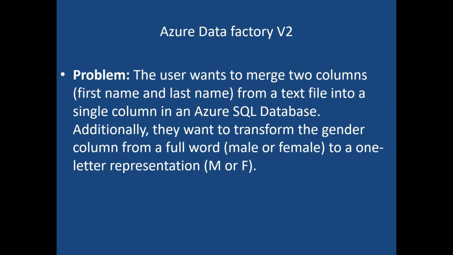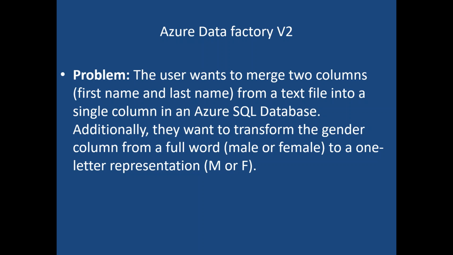Additionally, we want to transform the gender column from the full word like male or female to a one letter representation. I have a CSV file with first name, last name, gender, location, and a lot of other details I can have. The first requirement, as we discussed, is to merge first name and last name and load it into a single column in the Azure SQL database.